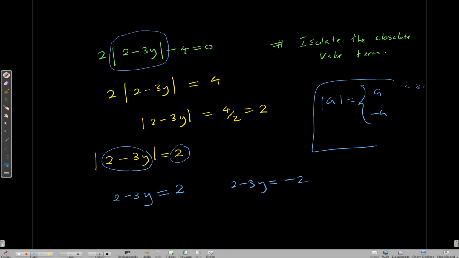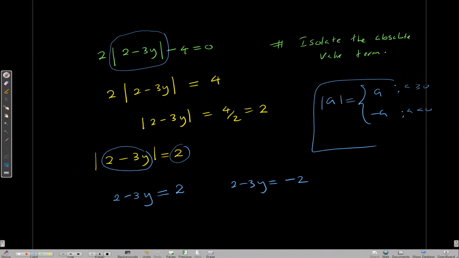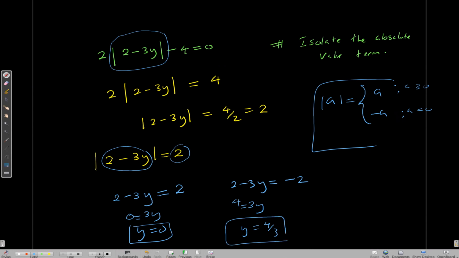We don't know which, so depending on that, this is how you break down an absolute value equation. It breaks into two parts. Now it's a simple matter of simplifying. So 3y minus 4 equals 2 gives 3y equals 6, hmm, in the board example, 3y equals 0, so y equals 0, that is one answer. And from the other case, 3y to the right and you get 4, so y equals 4 over 3. These are the two answers.